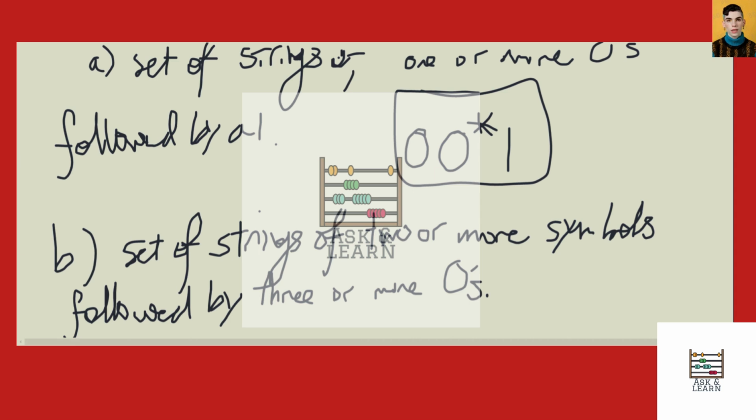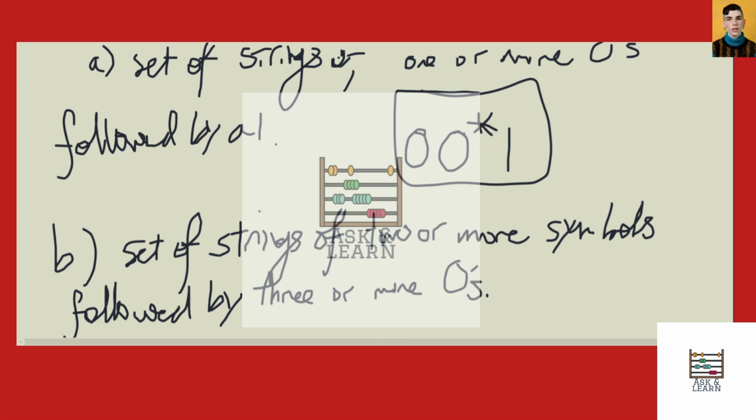So the set of strings of 2 or more symbols, these are strings with 2 bits, or at least 2 bits, followed by 0 or more bits.